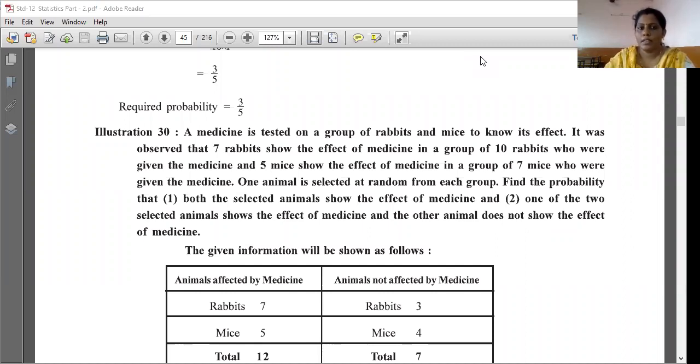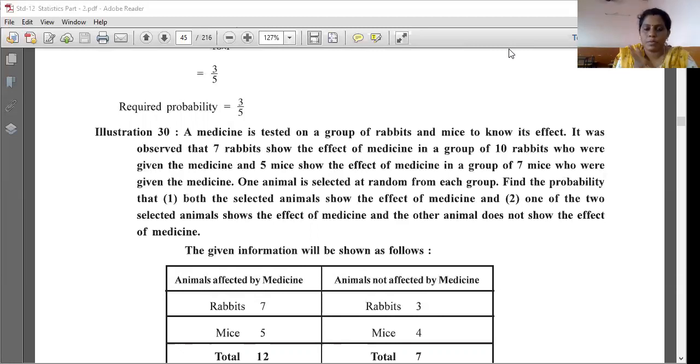Okay, and those who have not at all understood illustrations 27, 28, 29, you are not able to understand. So please concentrate from now onwards in this illustration. I think your concept will be clear. If you are not understanding illustrations 27, 28, 29, don't be tense that you are not understanding all these things.